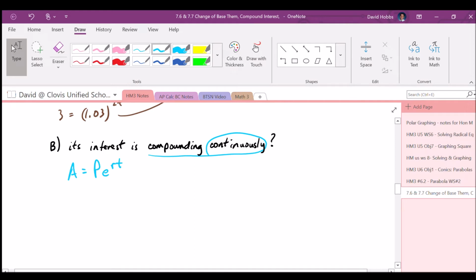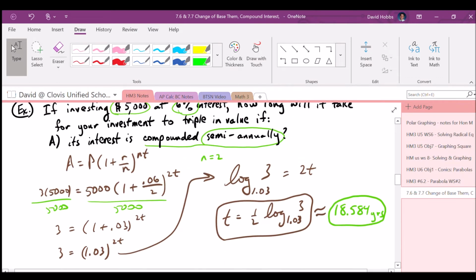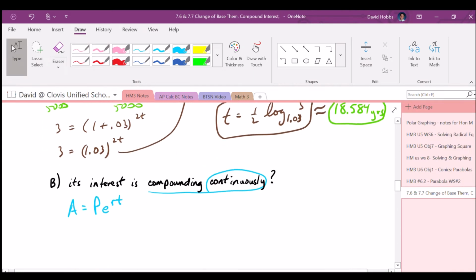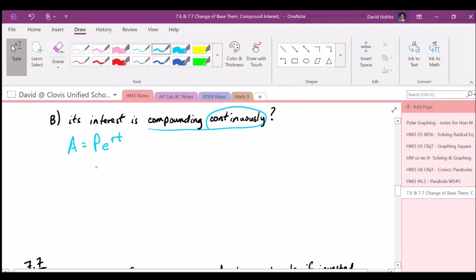Now it's this formula, but we're still using the other information that we had before. So $5,000 initial investment, it's going to triple in value at 6% interest. So 5,000 invested, it's going to grow to 15,000, triple the value.